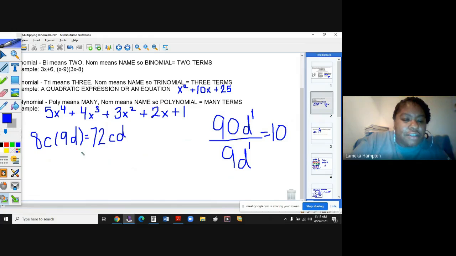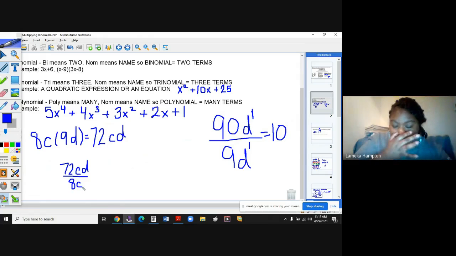I'm going to take what I just did, 72CD, and divide this by 8C. I am going to follow the same rules for dividing like terms and apply them to dividing unlike terms.